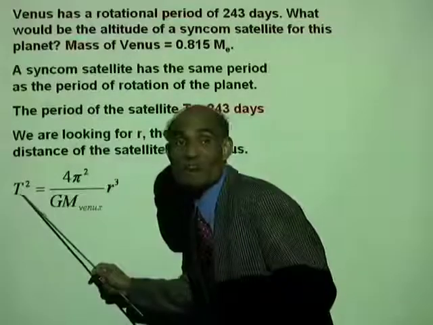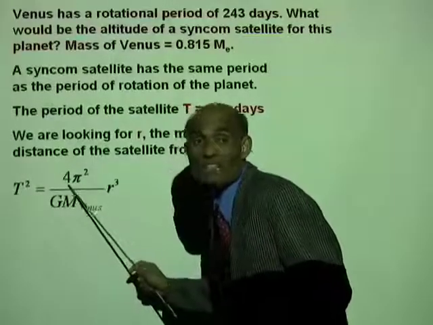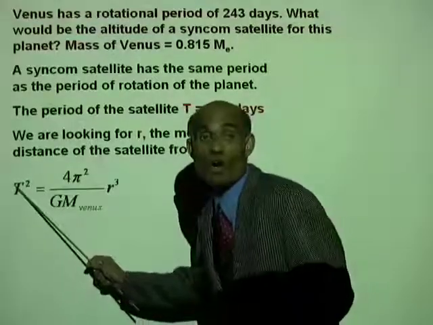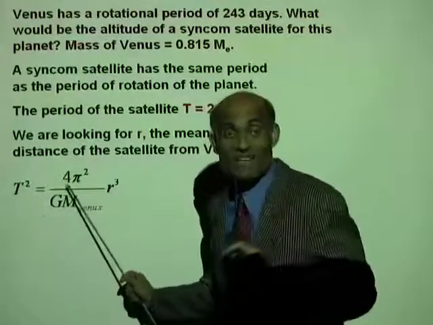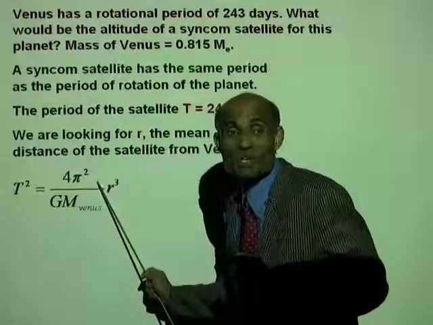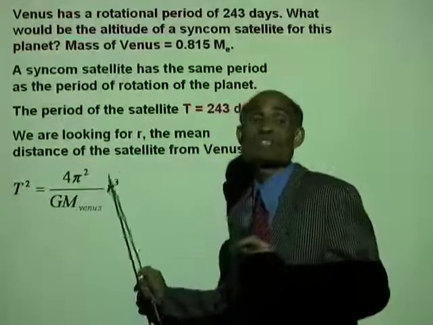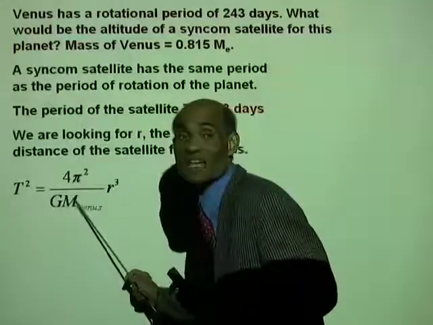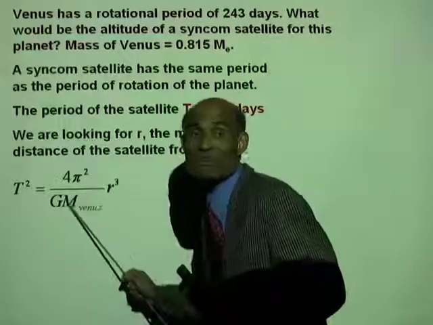So we got T squared equal to K times R cube, the square of the period of the satellite equal to K times the cube of its average distance from the planet. And the satellite is the satellite for Venus.